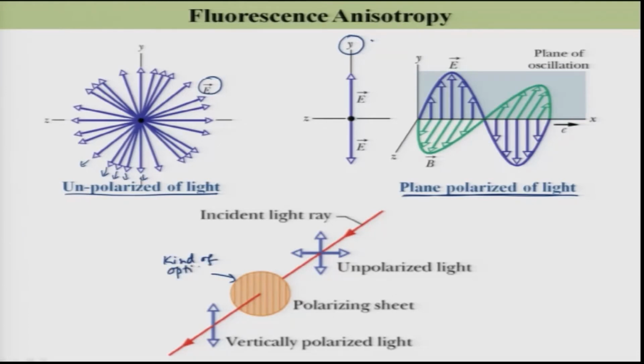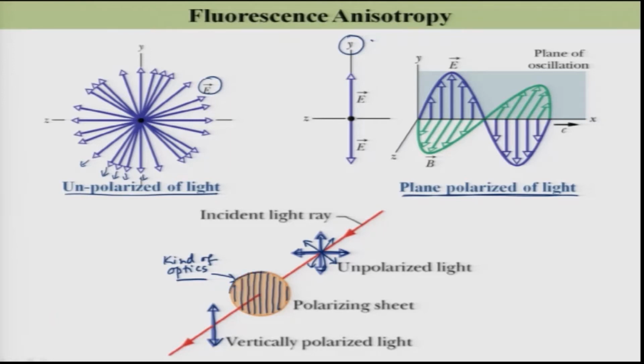If you pass unpolarized light through it, it will become plane polarized light, depending on the orientation of the polarizer.